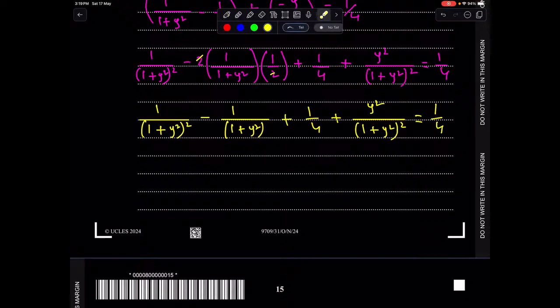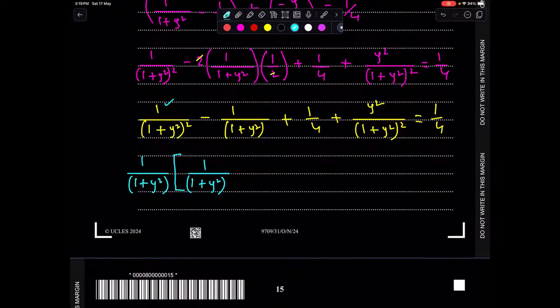Now take 1 upon 1 plus y square, this thing, 1 plus y square common from these three. So we have 1 upon 1 plus y square common. So here we'll get 1 upon 1 plus y square, because 1 power is common.